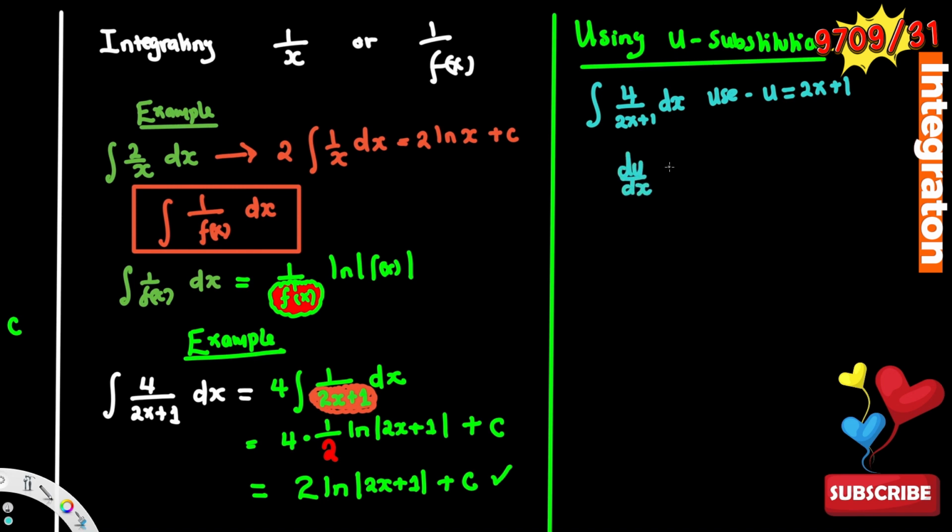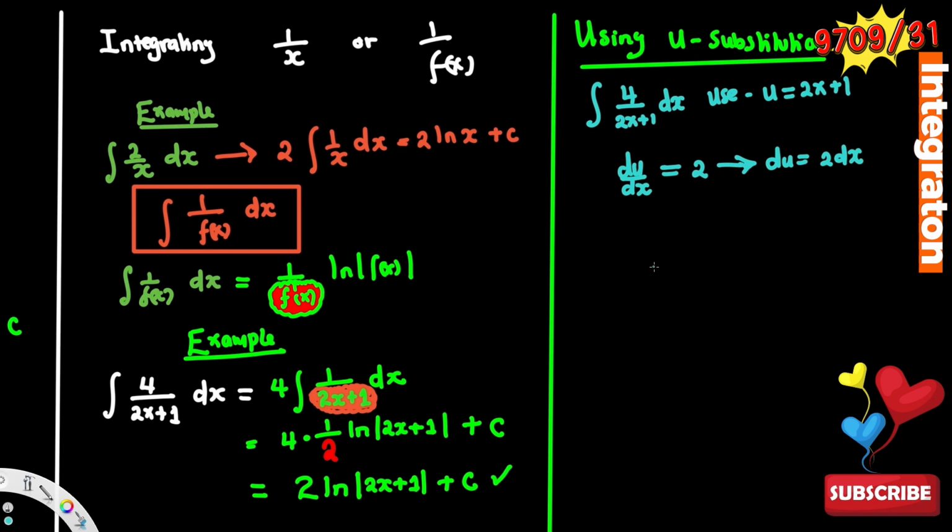So first, once you have identified your u, find du/dx, meaning you differentiate u with respect to x, and that's going to translate to 2. So du can be written as 2 dx. You get that? All right.